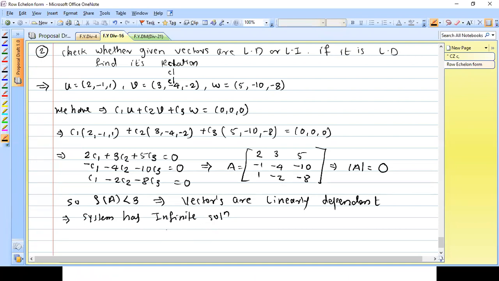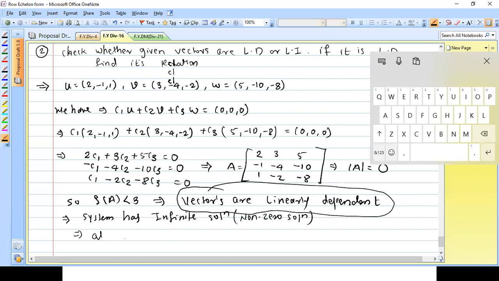Infinite solutions means a non-zero solution. So non-zero solution means the vectors are linearly dependent, since at least one of C1, C2 or C3 is not equal to 0. That's why this implies vectors are linearly dependent.